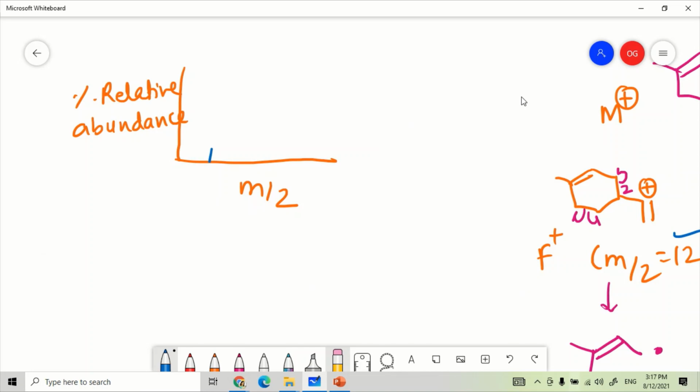So I will get a peak at 121, at 40, at 136, at 68. So many peaks will be seen as lines, so we call it line spectra.